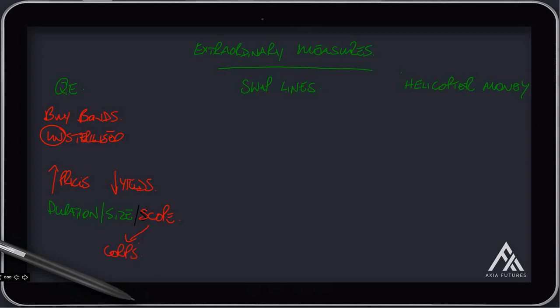Now next up, swap lines. This was something that's done when liquidity is needed. Say for example a UK bank, so commercial bank, needs a lot of dollar funding. The Bank of England can then go to the Federal Reserve and effectively create a repo situation.